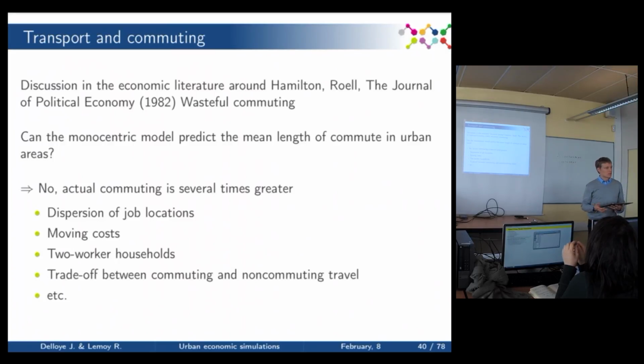Also, some people are making a trade-off between commuting for work and other trips, for instance going shopping on the way to work or dropping kids at school. So this also influences their commuting trip and their residential location. Okay, so this is one more aspect of this model which is quite unrealistic.